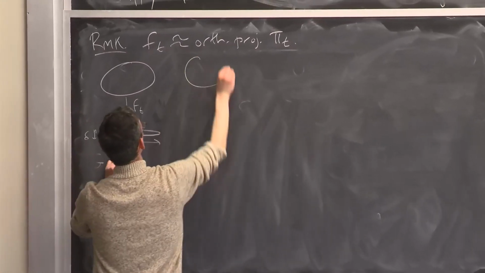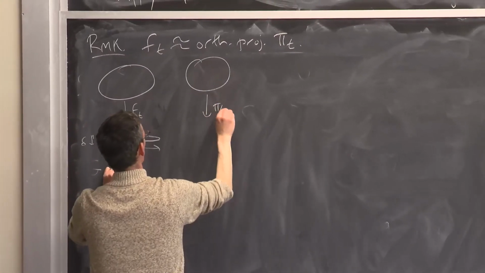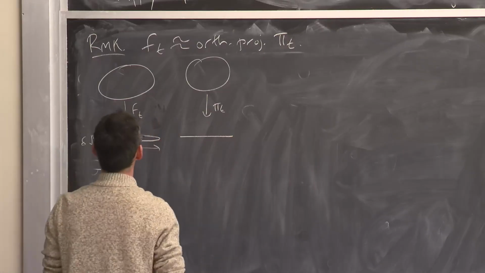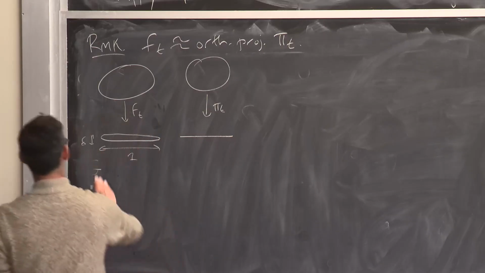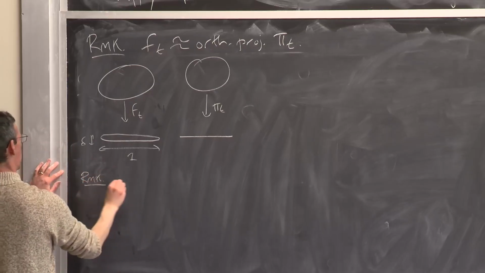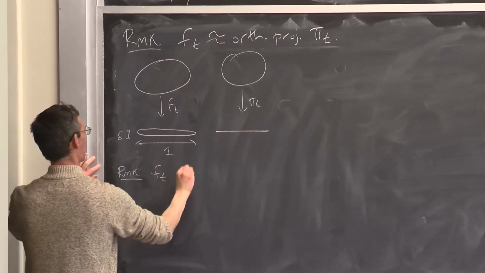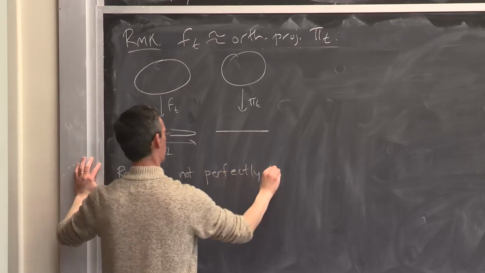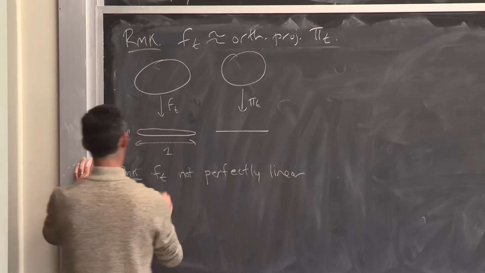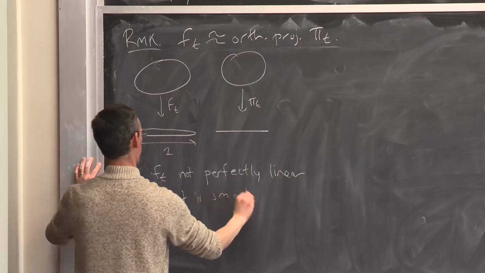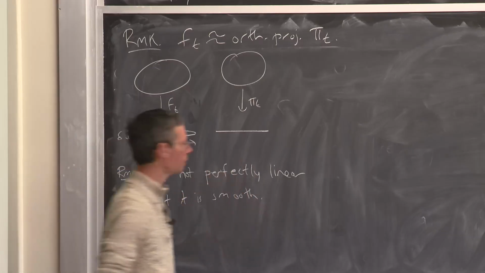And then pi t would just be an actual orthogonal projection. OK. So ft is not perfectly linear, but it is smooth. OK.